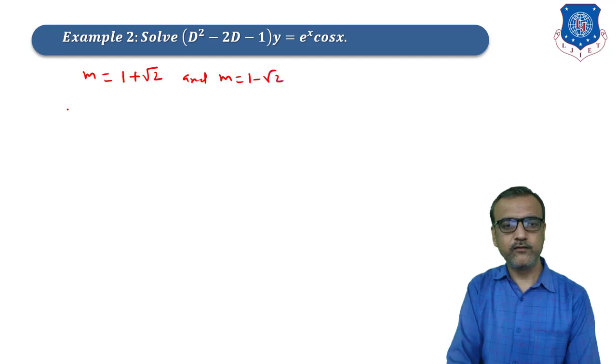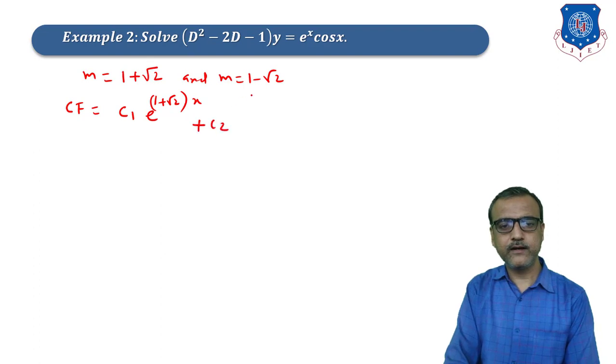Now we will write down CF, that is C1 e raised to (1 plus root 2)x, plus C2 e raised to (1 minus root 2)x.